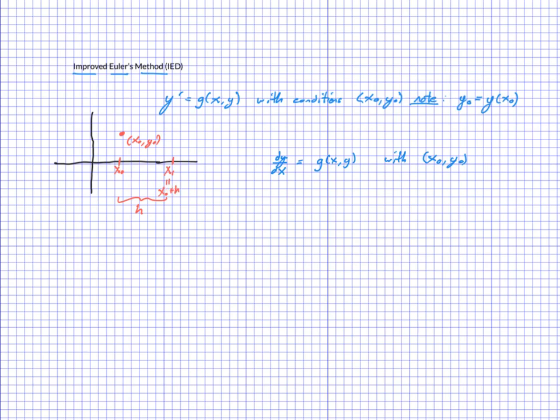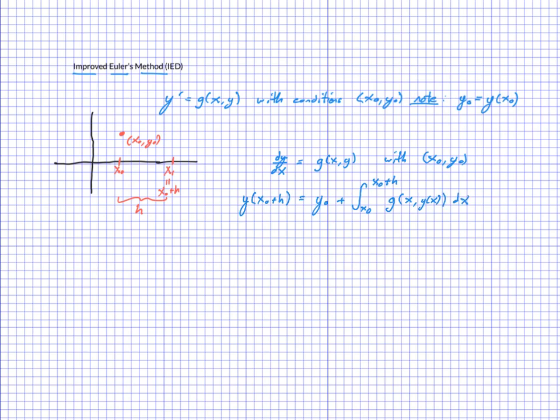And what that final form is going to look like is y of x naught plus h is going to equal y naught, because that's the initial condition, plus the integral from x naught to x naught plus h of this function, g of x comma y of x dx.